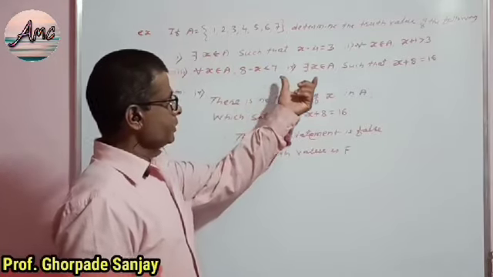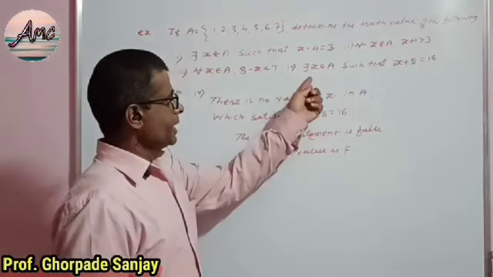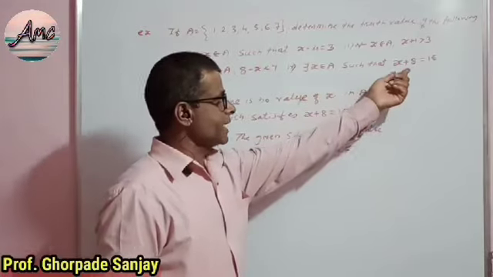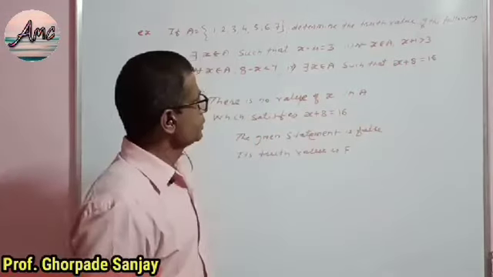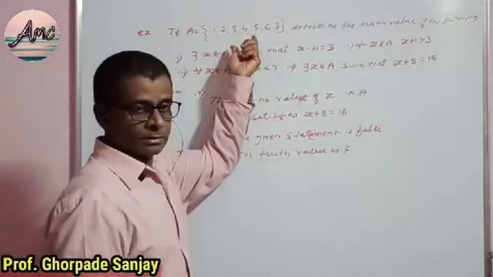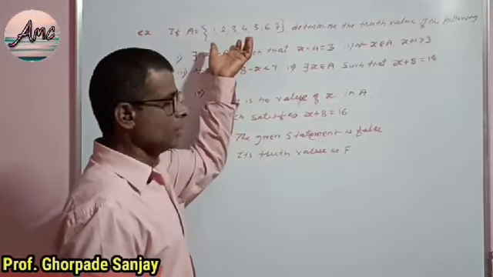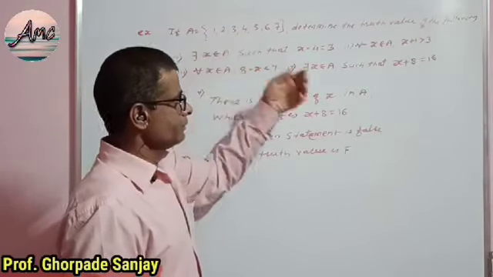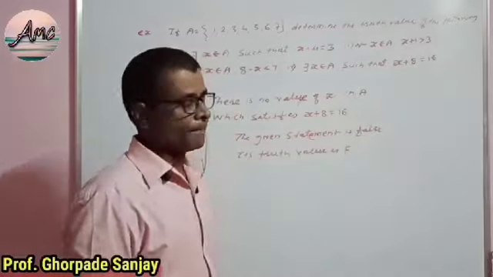Take the solution of the fourth example. There is x belongs to A such that x plus 8 is equal to 16. That means in this set A, there is one value of x which satisfies this equation.